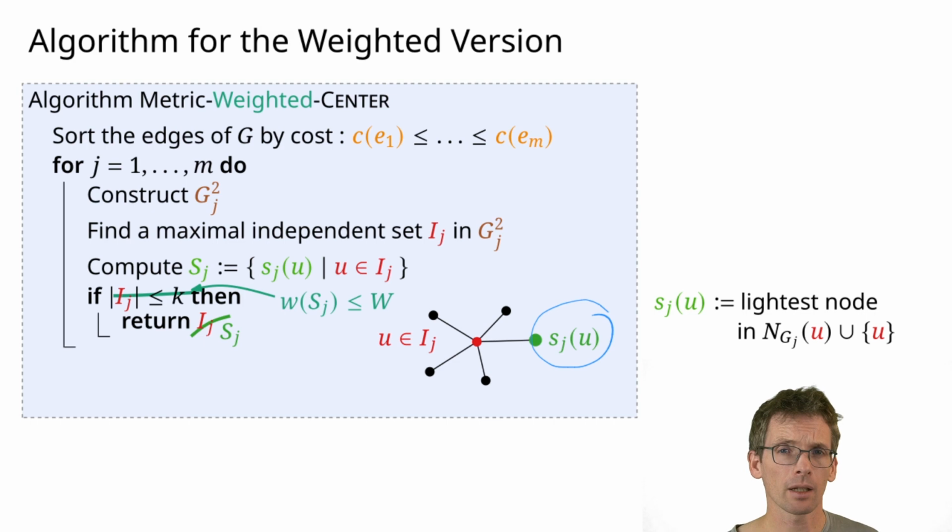Now we again need 2 ingredients: the lower bound, and if we have the lower bound, then we find a solution within factor 3.